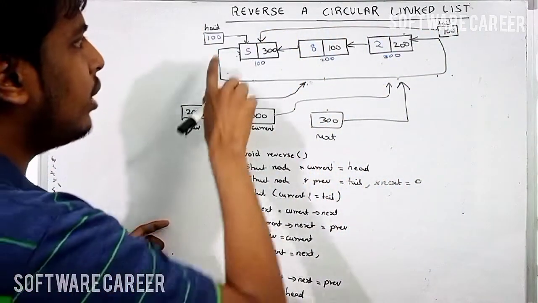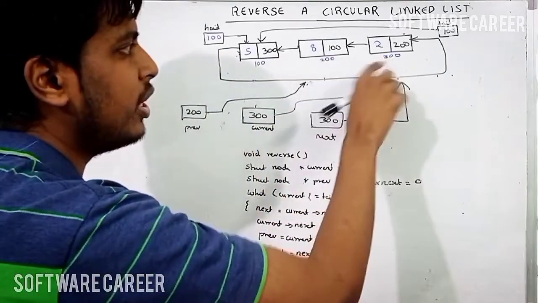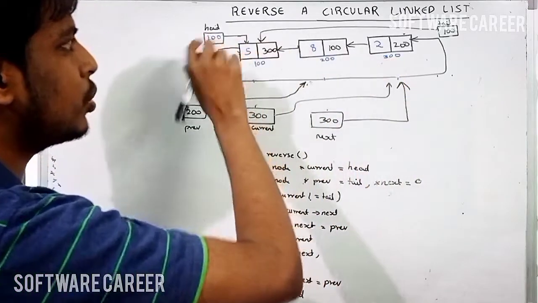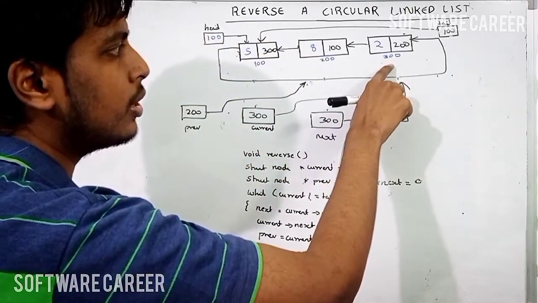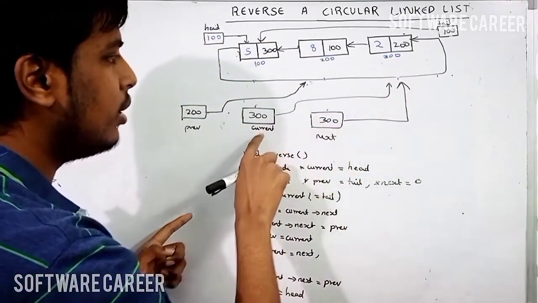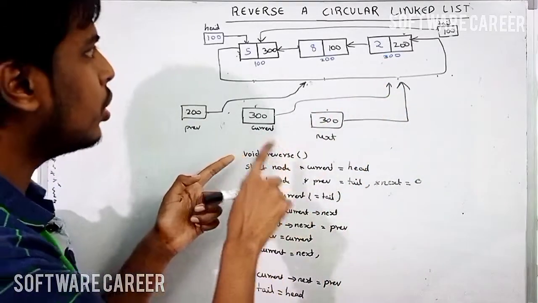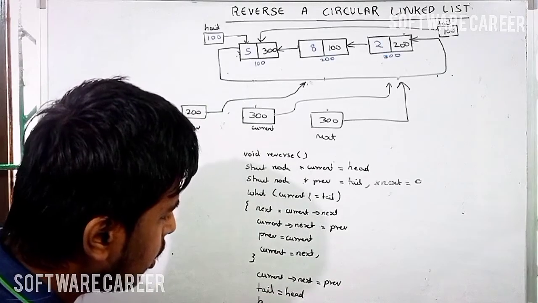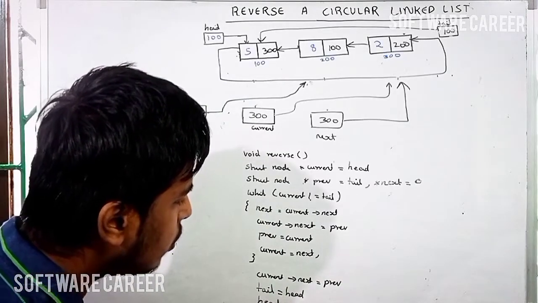Now head is pointing at first node. It should point at last node. So address of last node is 300. 300 should be stored in head. How can you get the address 300? Now current is having address 300. So I should write head equals to current.